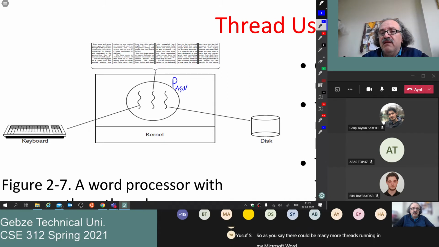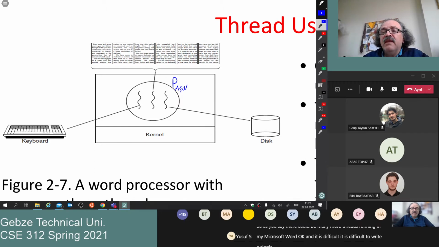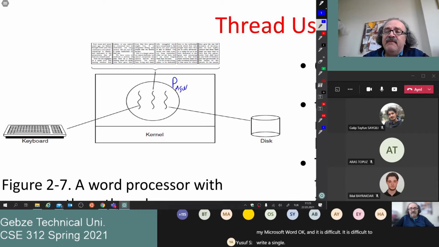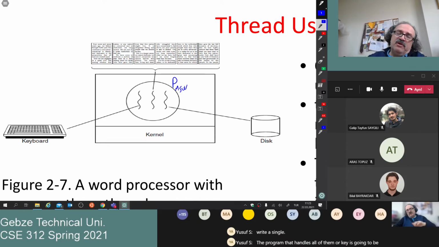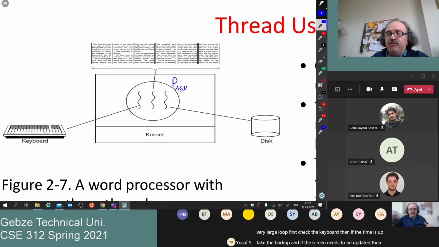It is difficult to write a single program that handles all of them. It's going to be a very large loop. First check the keyboard, then if the time is up, take the backup, and if the screen needs to be updated, then update the screen, etc. I have to be responsible for all of them at the same time.